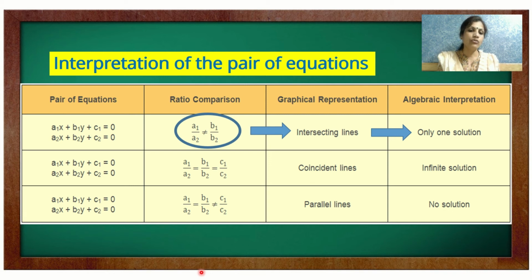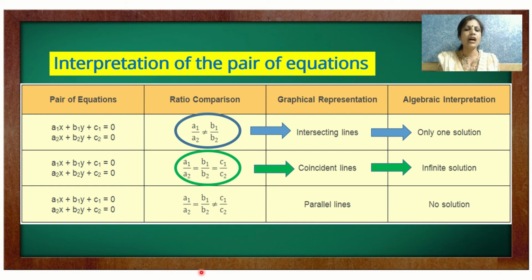If we get all the three ratios equal to each other, that means when we draw the graph of both the equations, both the lines will overlap each other. They will coincide with each other, and that means that both the equations have got infinite number of solutions.